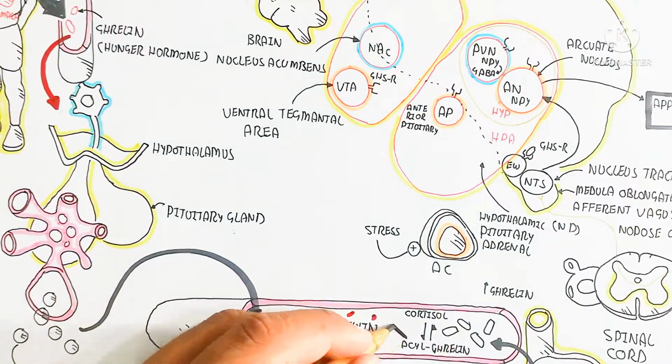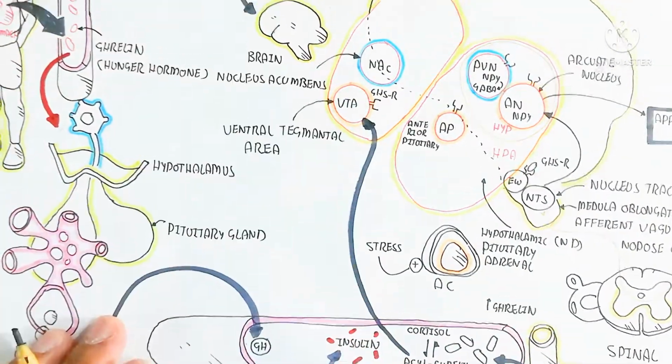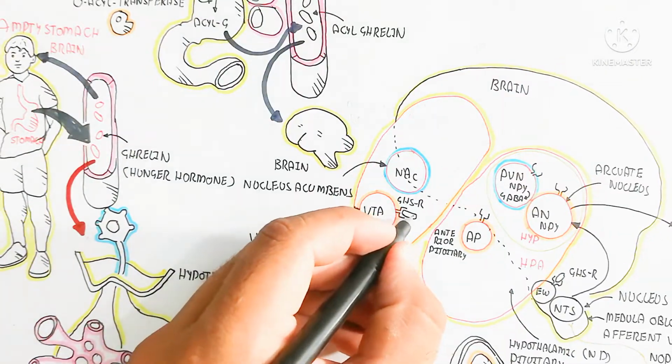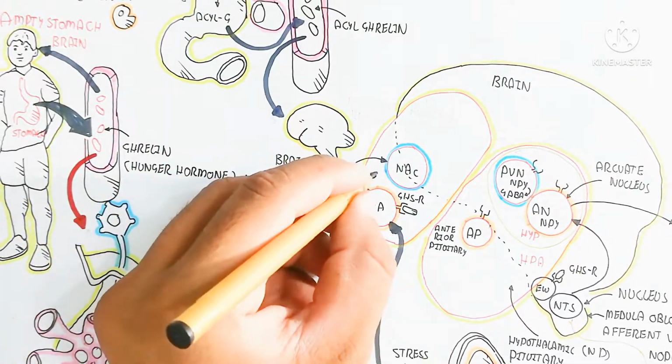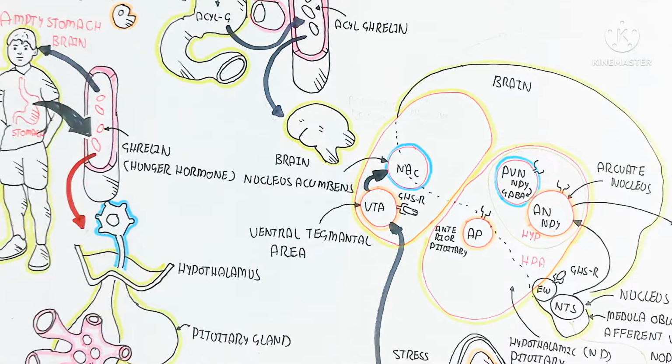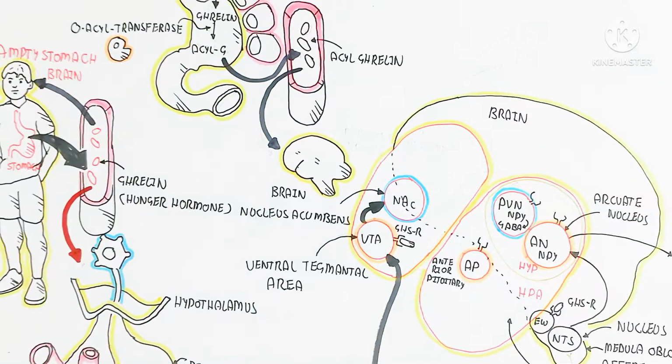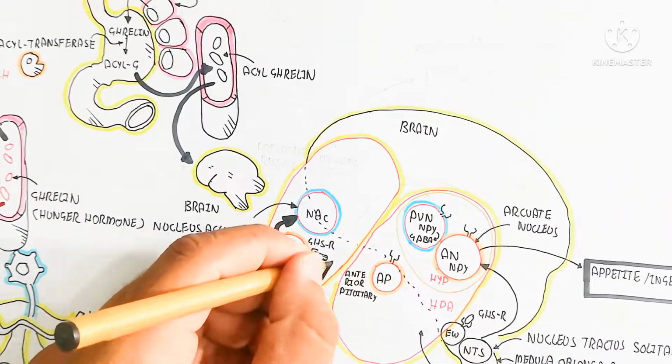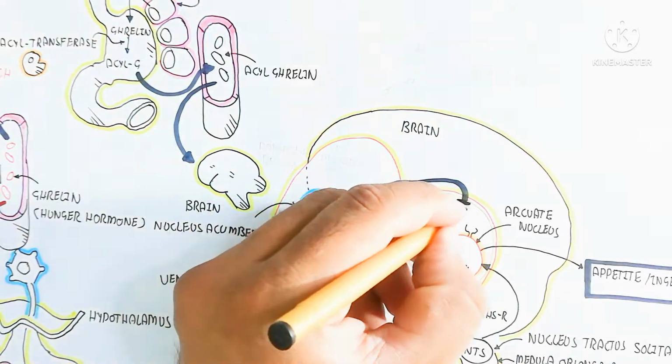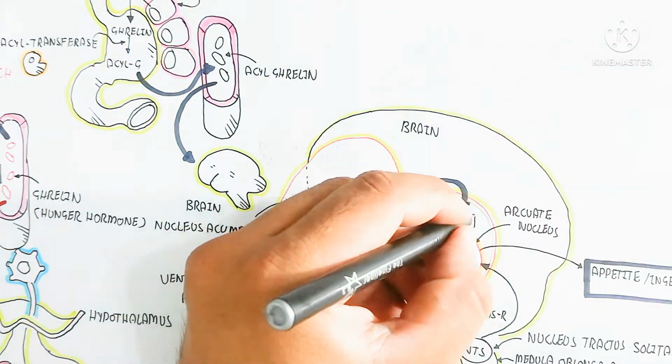So here the insulin will increase in the blood circulation also, and this is the ventral tegmental area, which binds the ghrelin. After this ghrelin binding, it will trigger the cortisol.